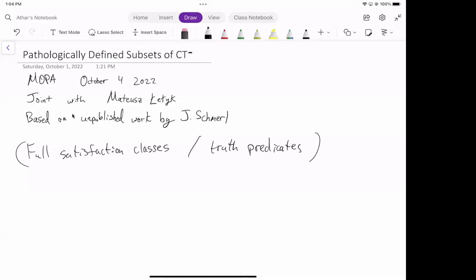Okay, so what I will say is, in my mind, CT minus is a theory that expresses a compositional truth predicate.